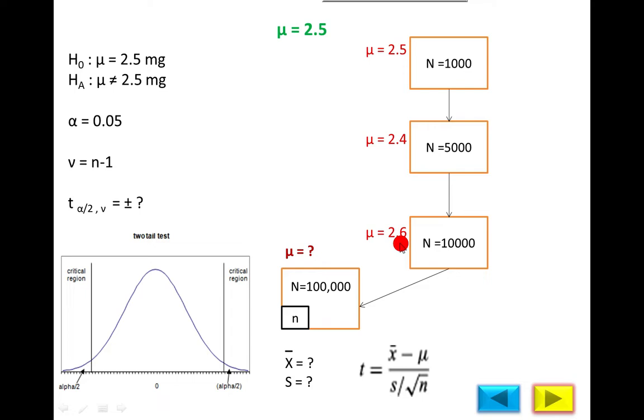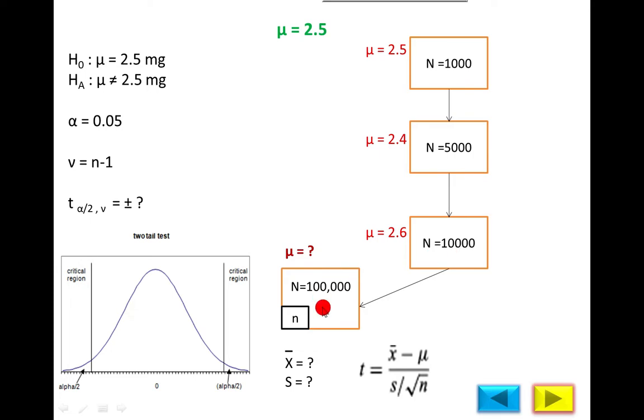But after a few years, production increases from 10,000 to 100,000, and you cannot calculate. This is the most important thing, listen carefully. Suppose the production is very large, maybe 100,000 or 200,000, and you cannot calculate the weight of all the tablets like this.